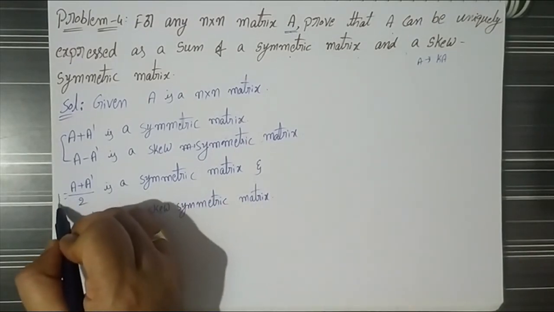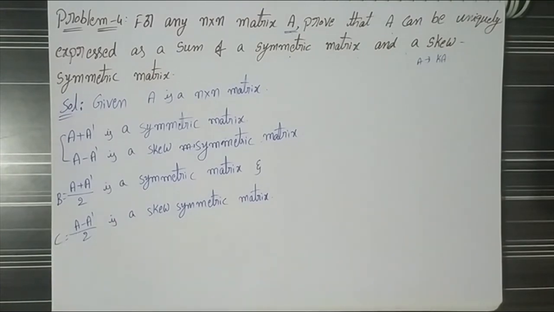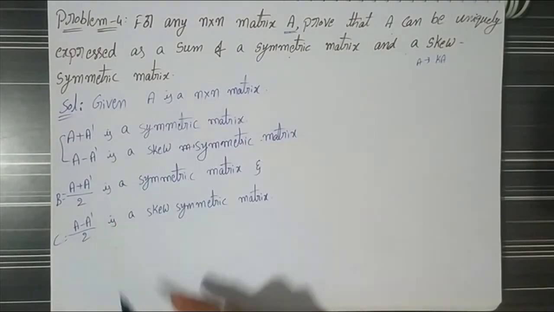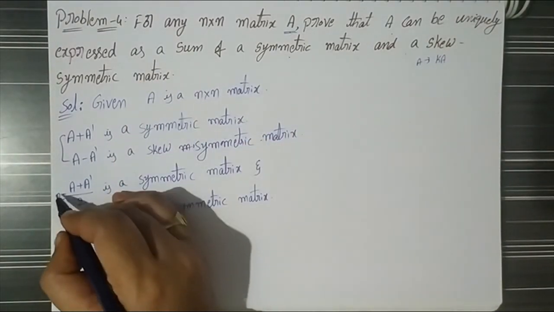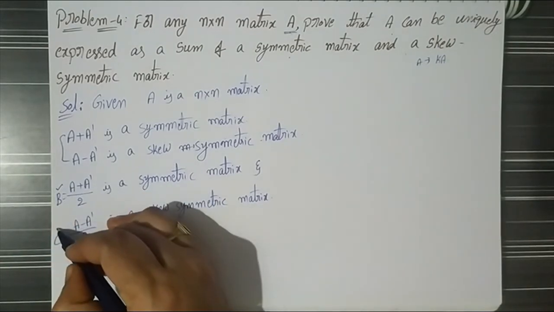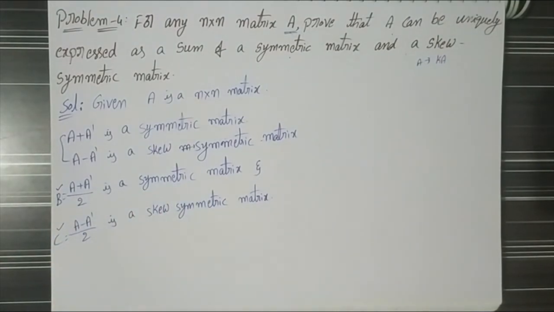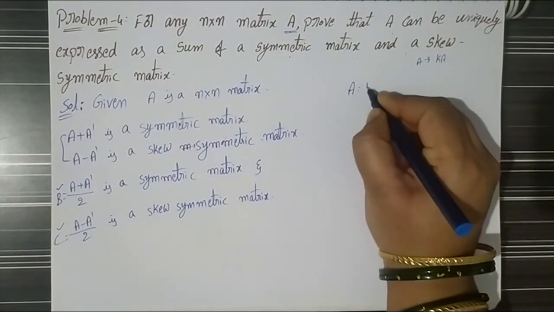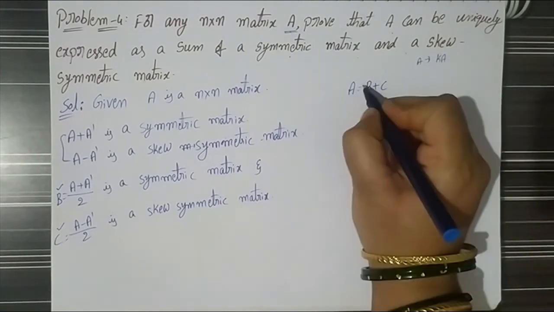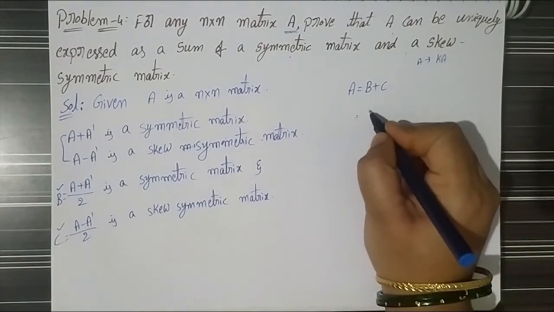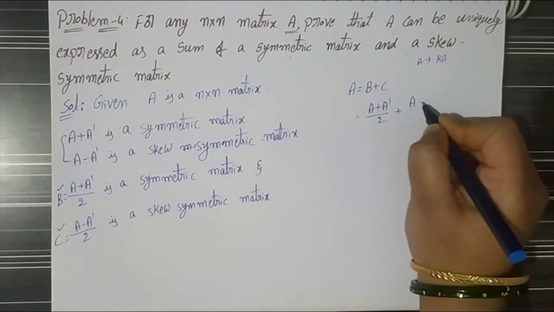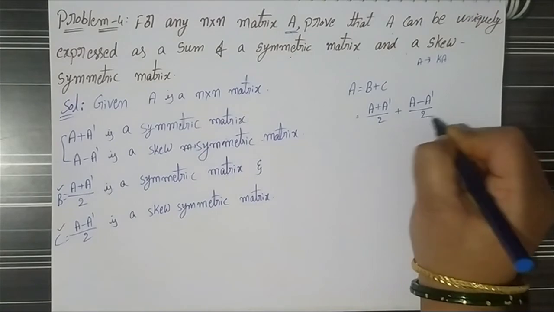Let these be matrices B and C. In the problem, we expressed A as the sum of symmetric and skew symmetric matrices. Here B is a symmetric matrix and C is a skew symmetric matrix. Then we can write A equals B plus C, because B is A plus A dash by 2 and C is A minus A dash by 2.